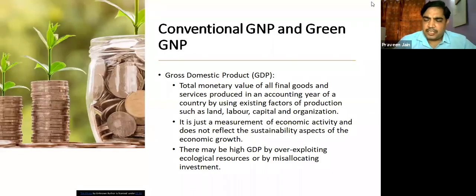Now let us understand the difference between conventional GNP and green GNP. Conventional means our system of accounting which is followed by national governments. So GDP is the main thing.